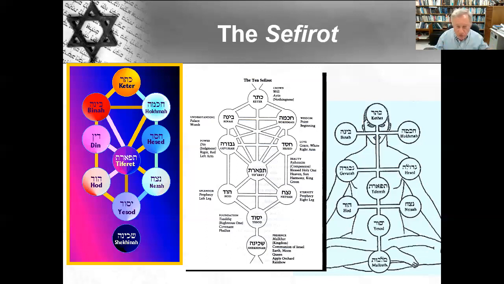So in a way, the Sefirot are the ways in which God interacts with the universe. And there's a lot of discussion of what is called in Hebrew shefa, which means flow. It's the flow of divine energy, divine wisdom, divine impact from the various levels of the Sefirot.